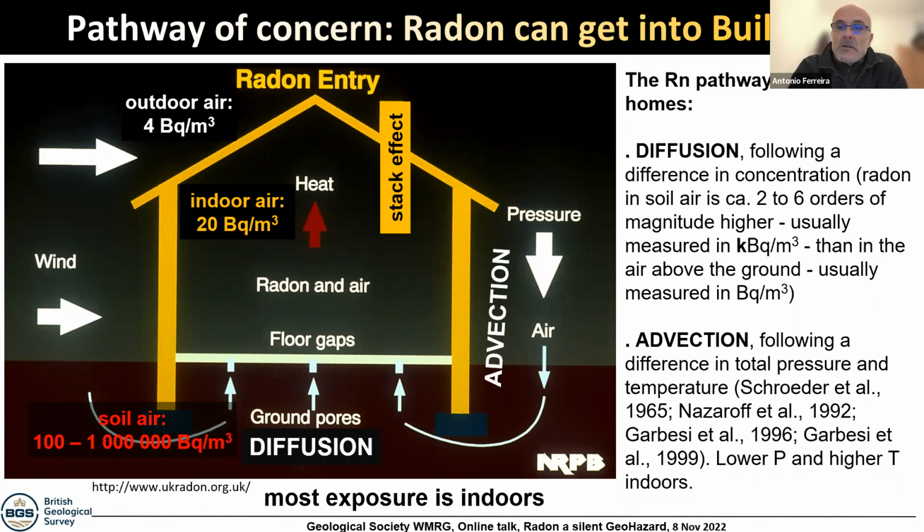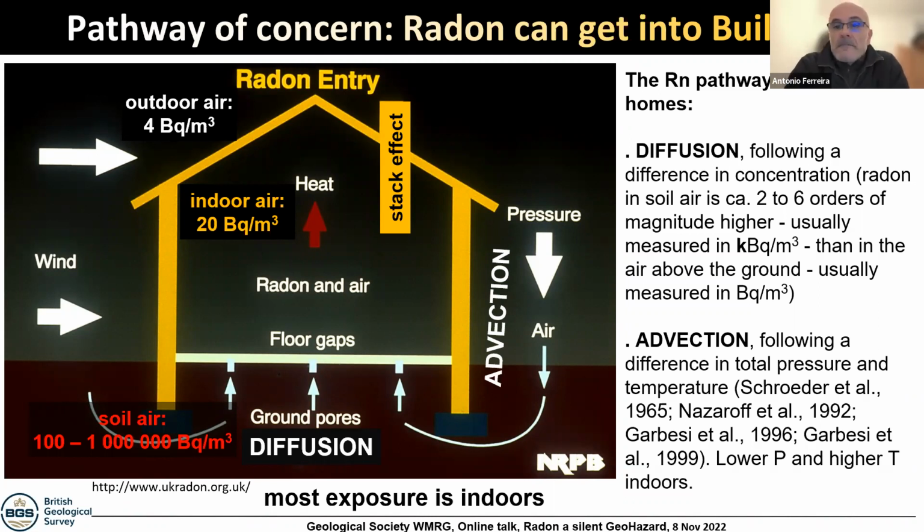This is because radon in soil air is several orders of magnitude higher than in air. And also by advection, following a difference in pressure and temperature. Typically, there's lower pressure and higher temperature indoors.